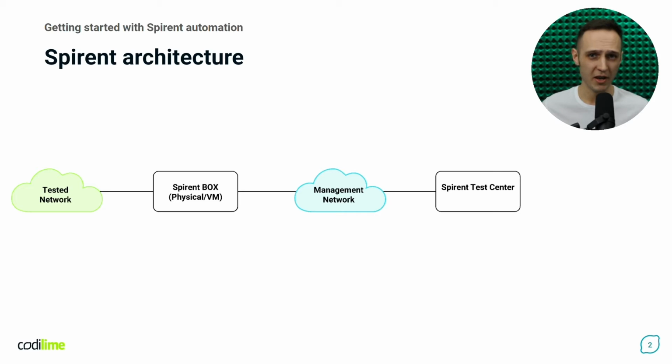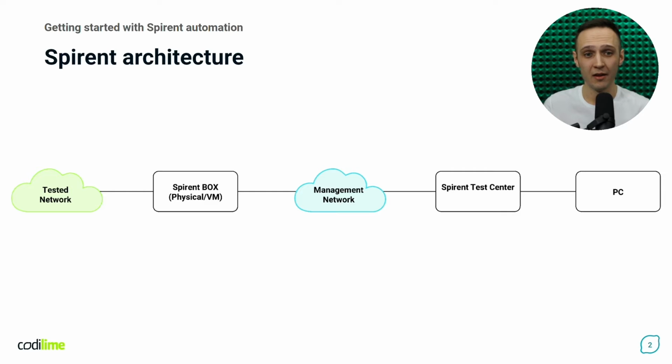And in the UI, you can configure what your Spirent box should do and perform actions such as traffic generation. But we are talking about automation here, and it would be a good idea to have a Spirent Test Center somewhere in our network and to be able to connect to it from our workstation or from our colleague's workstation if we are working together on one project.